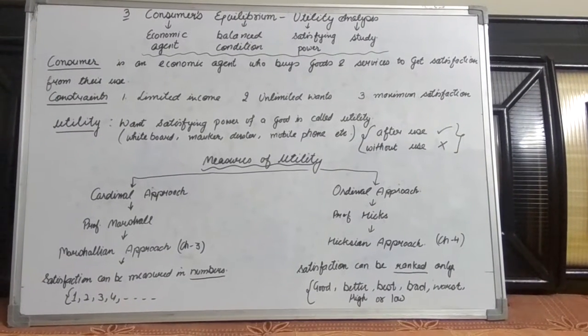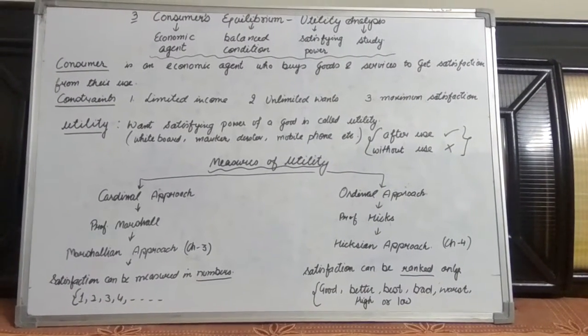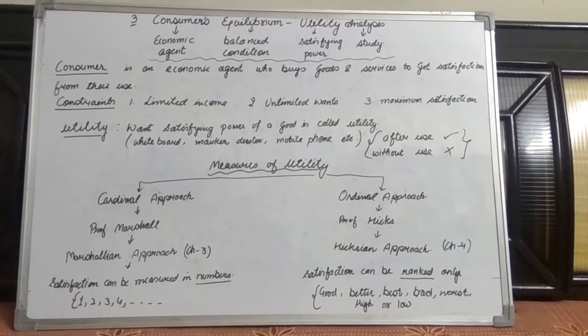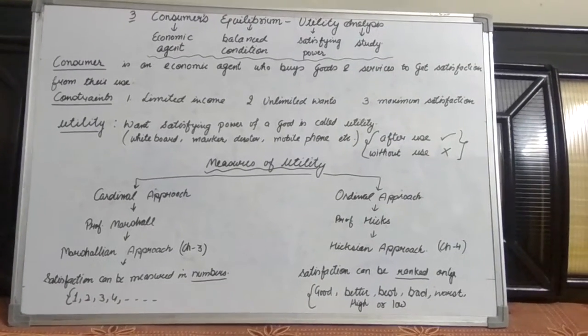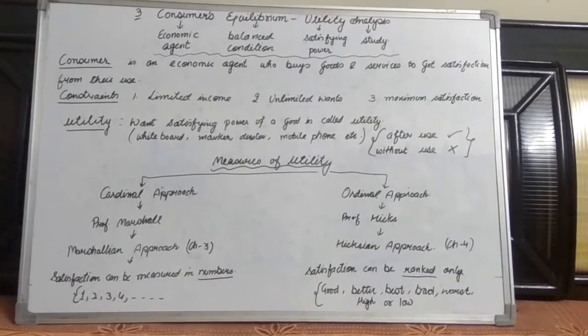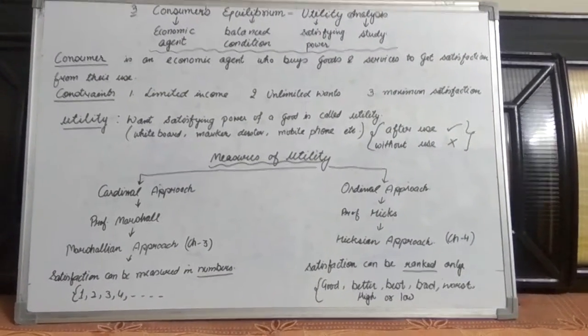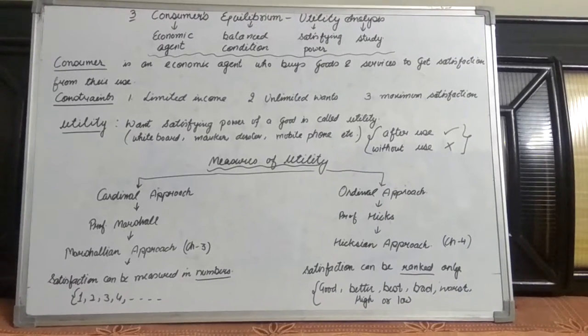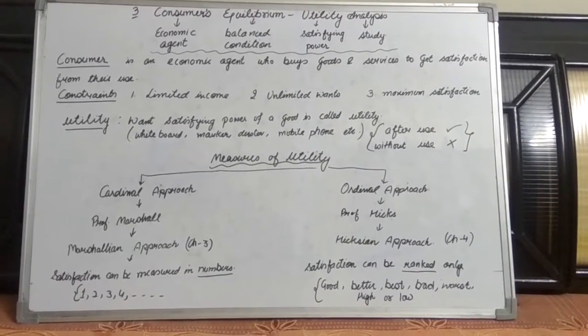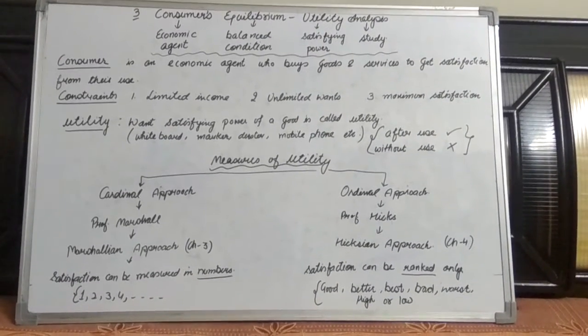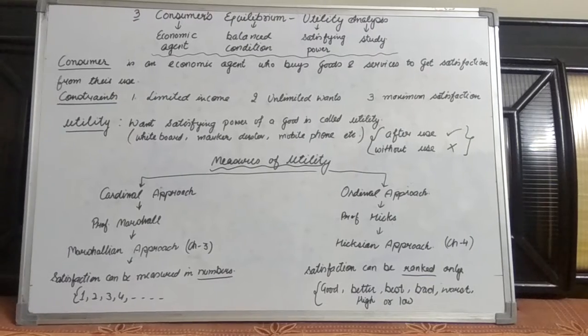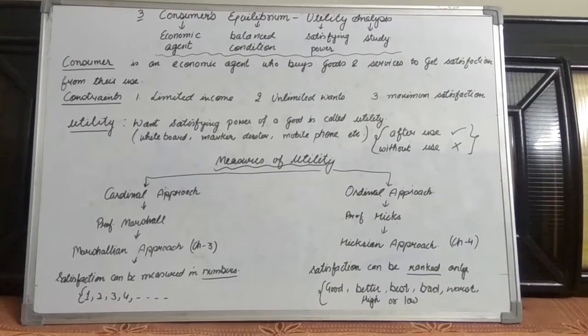So let us understand who is an economic agent consumer. Consumer is an economic agent who buys goods and services. Up to this point, the definition is incomplete because an economic agent who buys goods and services is a buyer itself.